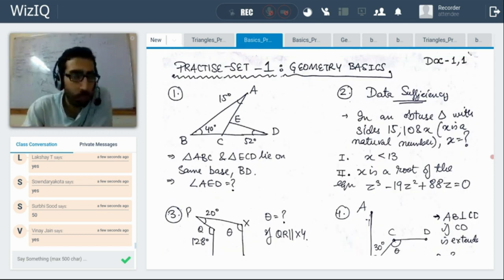I'm also interested in question 2. Were you able to solve question 2, guys? Any problem with question number 2? Did you solve it? If you haven't, just try.